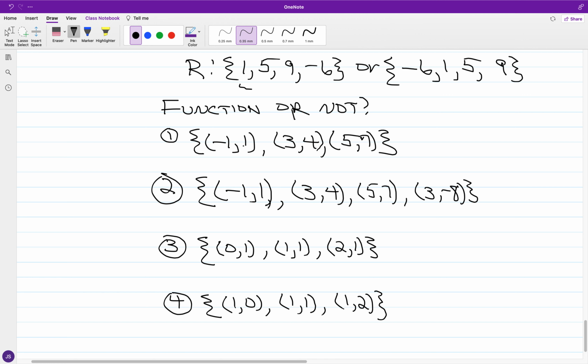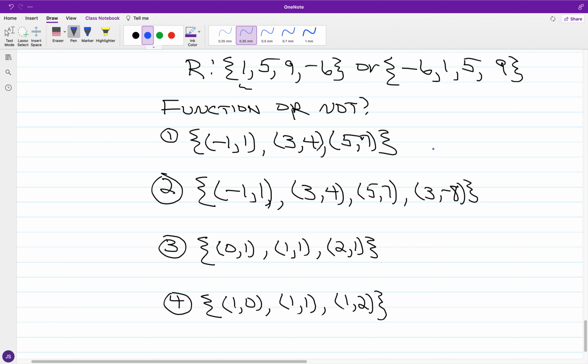So for the first set of ordered pairs, whether we have a function or not, you'll be looking at the x value. So -1 appears only one time, so it's uniquely paired up with 1, and 3 appears once as an x value where it is uniquely paired up with 4, and 5 appears only one time, and that is uniquely paired up with 7.